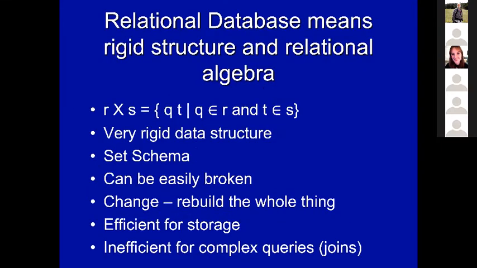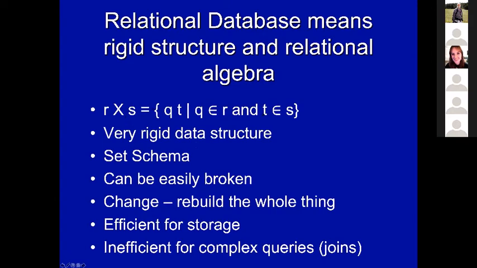Now, these are put into relational database, and that means the structure here is pretty rigid. Relational in this sense isn't because we're relating tables to other tables. That's part of it for us, but really it's based on relational algebra.